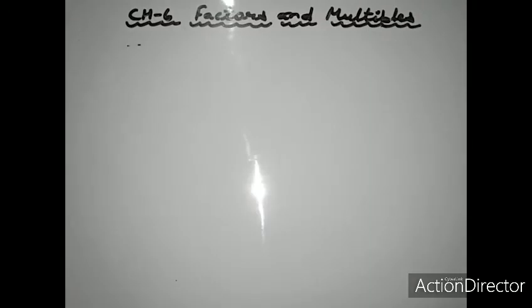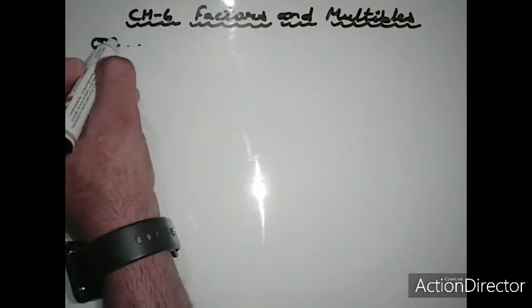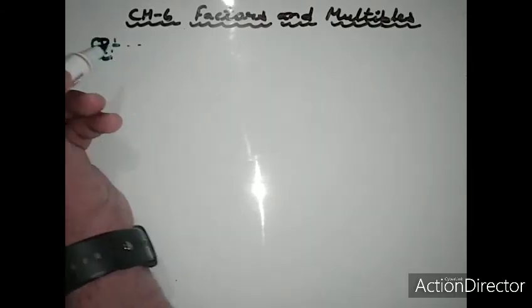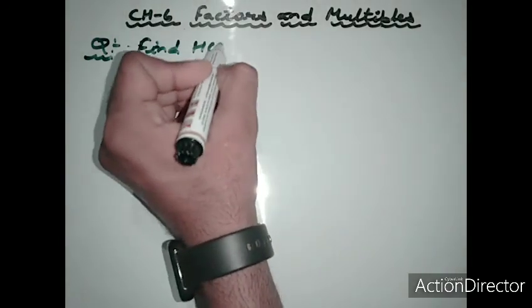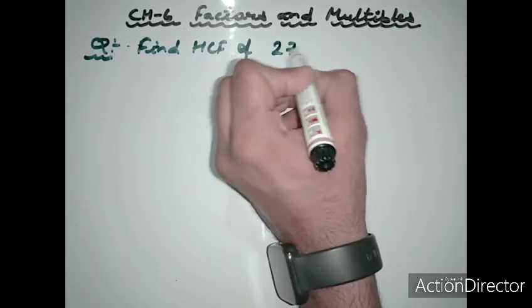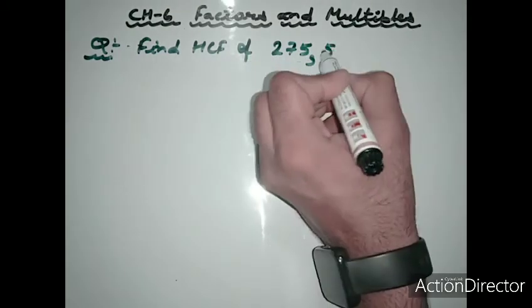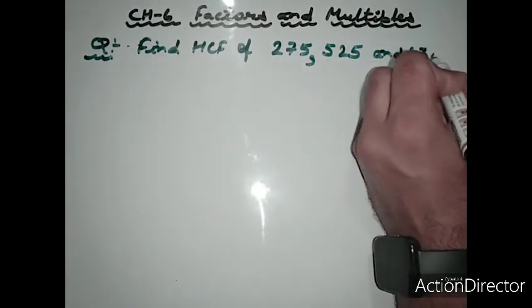Now we find the HCF of large numbers by using the division method. Here we take one example: find the HCF of 275, 525 and 830.